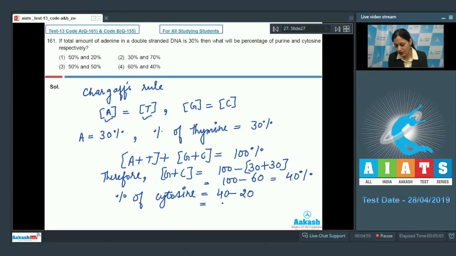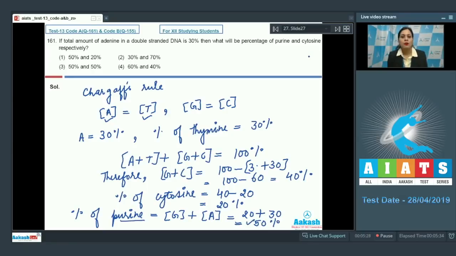So percent of cytosine would be 20%, and percent of purine is equal to amount of guanine plus amount of adenine, equals 20% plus 30% equals 50%. So percentage of purine is 50% and percentage of cytosine is 20%. So the correct answer to this question is option number 1, 50% and 20% respectively.